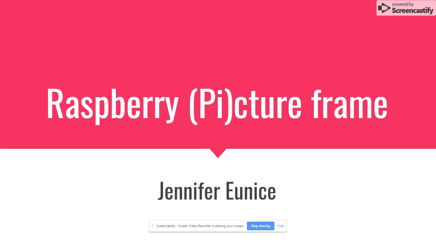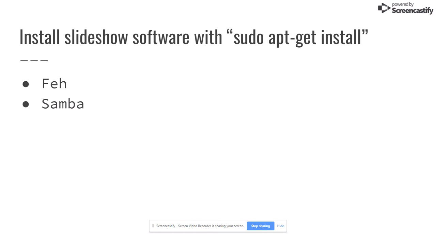So I researched to try to find something that might be a little bit more manageable and easier to work with. And I found a great video on YouTube that explained how to set up your Raspberry Pi picture frame. So I want to share with you some of the steps that I used from that video.